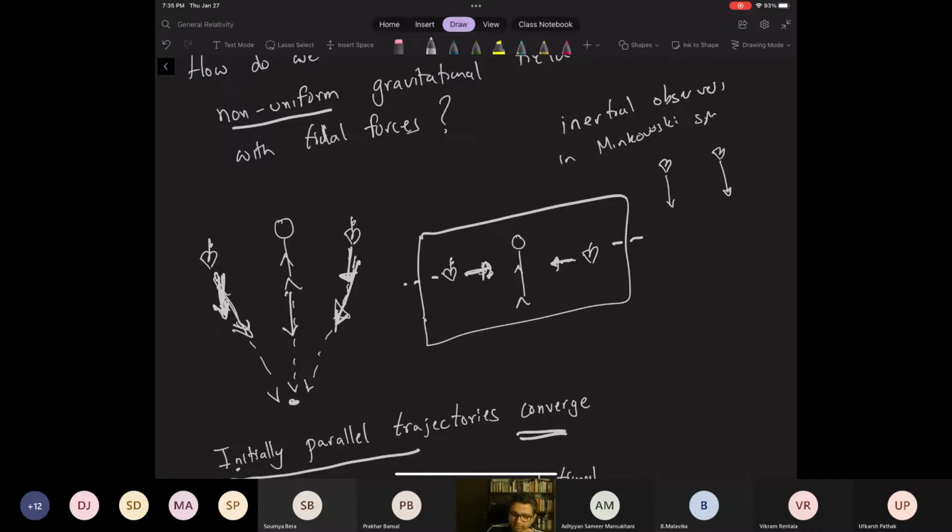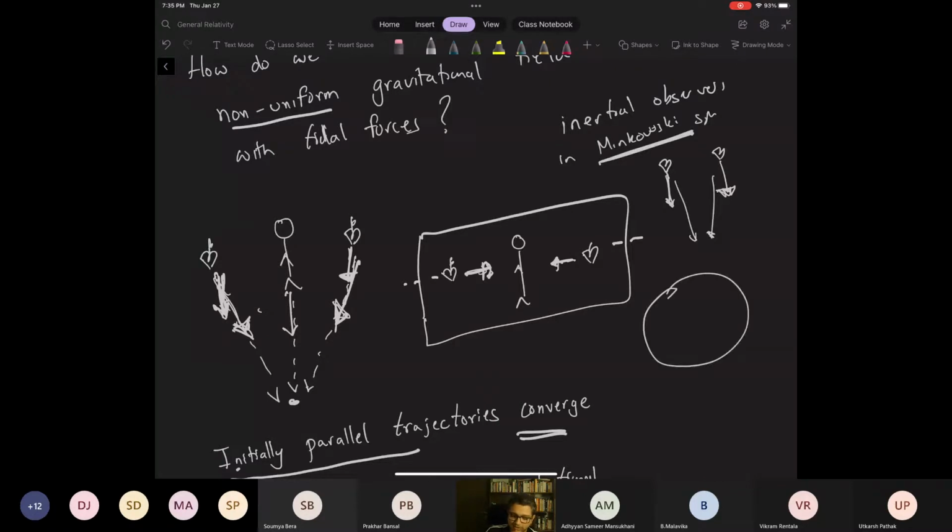So the idea is that if I look at a small enough patch of space-time, then locally it should look Minkowski, in that the apples appear to fall parallel to each other. But the fact that in a non-uniform gravitational field these apples don't fall parallel, and that they move towards each other, is a hint that your space-time is not flat, or not Minkowski.